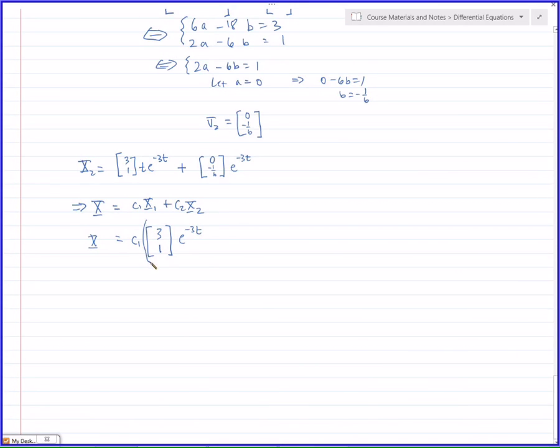There's your x1, plus c2 times your x2, which is 3, 1, t e to the negative 3t plus 0, negative 1/6, e to the negative 3t. So that's one form of your answer.